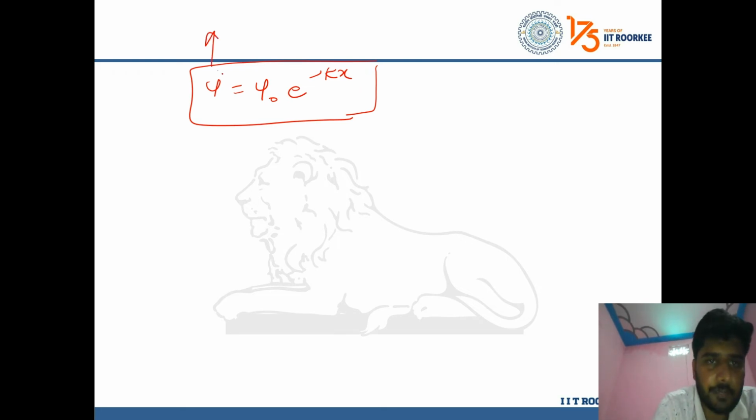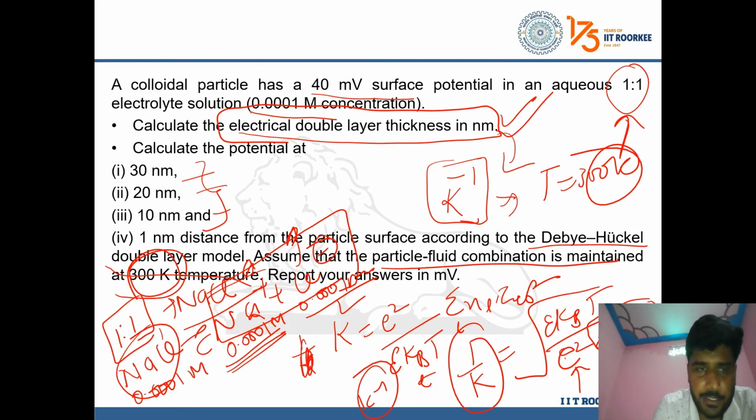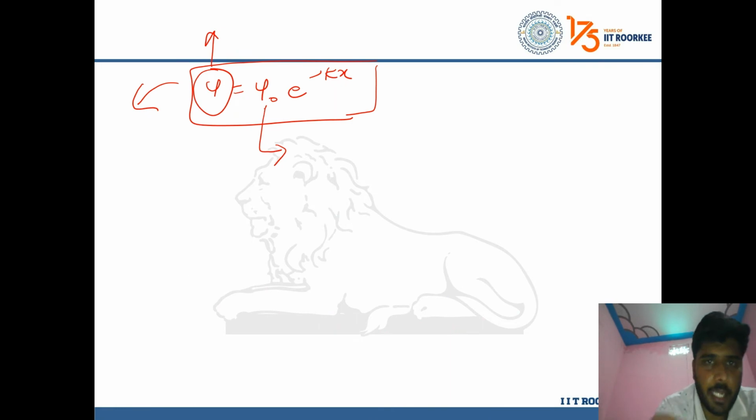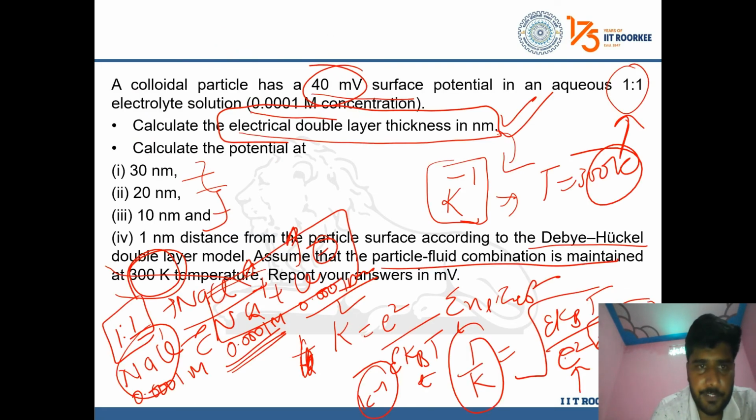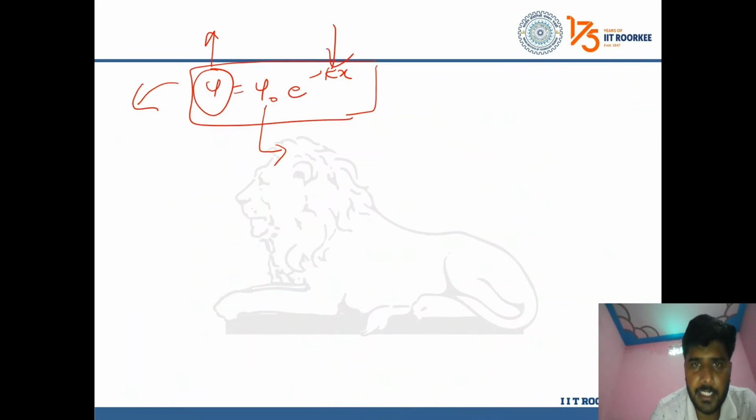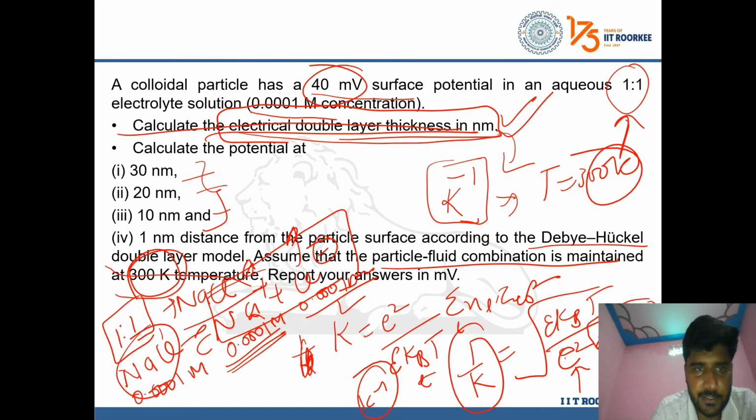You already get the surface potential in the question, that is 40 millivolt, and the kappa value you will get from the first part. And x is the separation distance you have to put accordingly, whether it is 30 nanometer, 20 nanometer, 10 nanometer, or 1 nanometer.